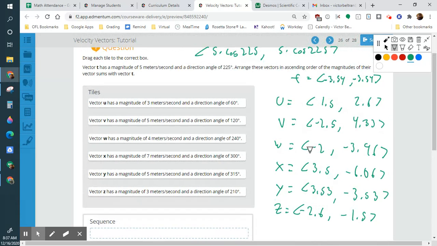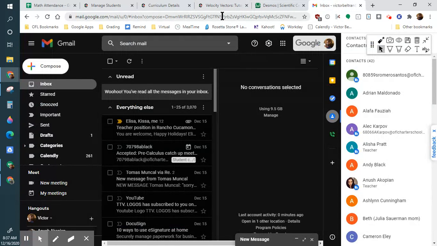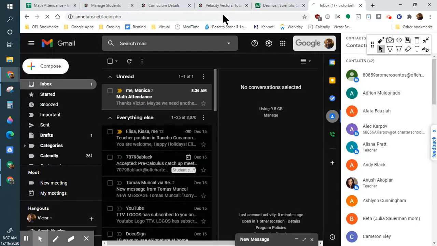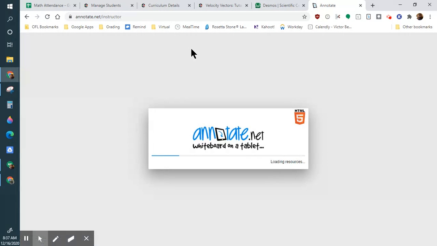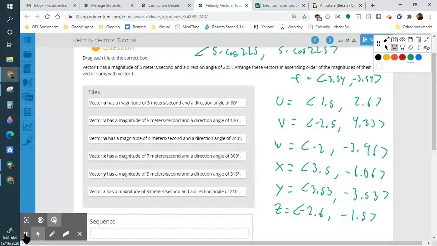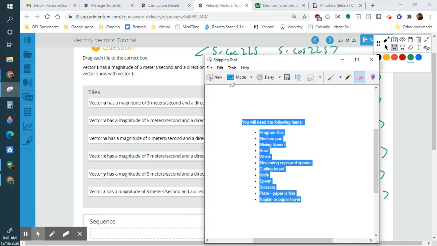I'm actually going to solve this on annotate so I have room, because there's way too much stuff here. So give me a second while I go to annotate. All right, so I'm going to copy and paste that right now. Give me a second while I snippet tool this.